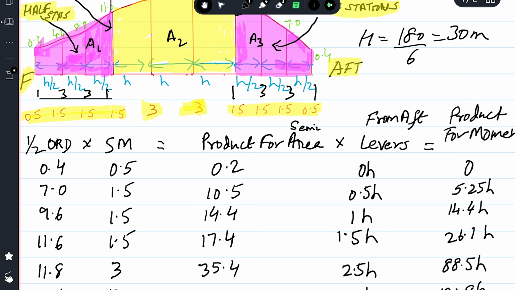These are just distances in terms of H from aft to forward. Where it is H by 2, you add 0.5 H, and where it is complete H, you add complete H. So keep adding like this in terms of H, and you get your levers from aft.